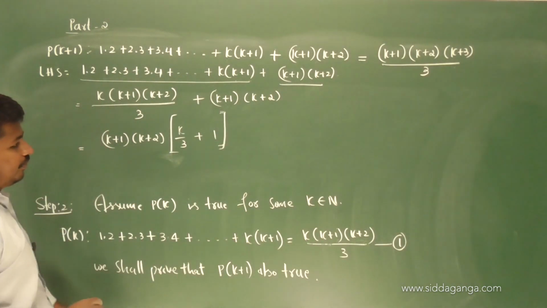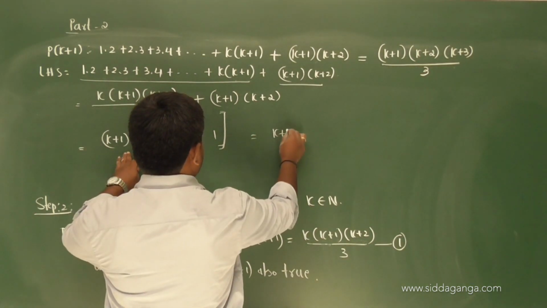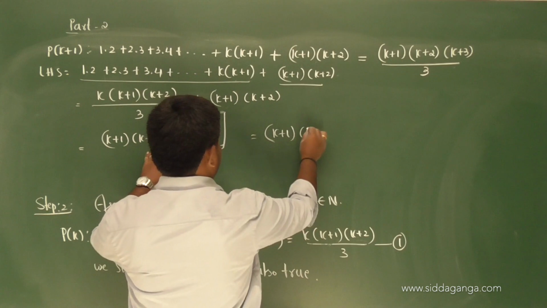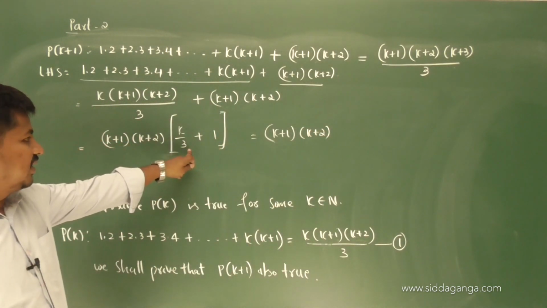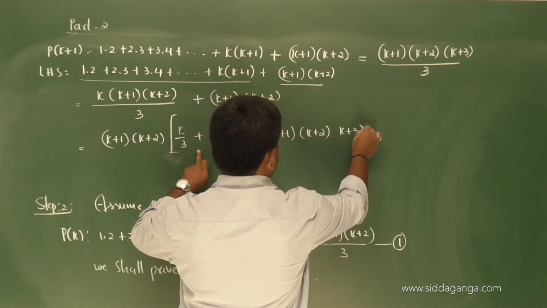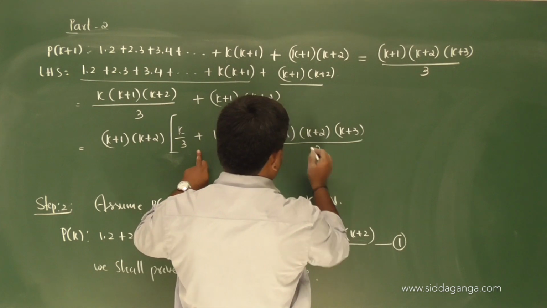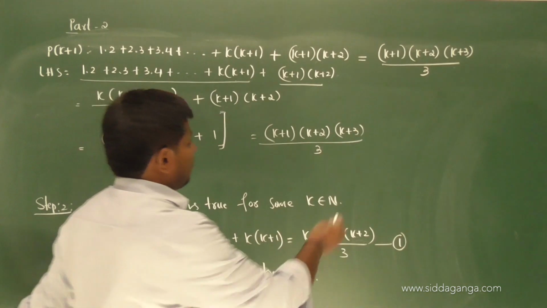So this is equal to k plus 1 into k plus 2 into, when you take 3 as LCM, k plus 3 whole divided by 3, which is P of k plus 1. Yes, this is equal to RHS.